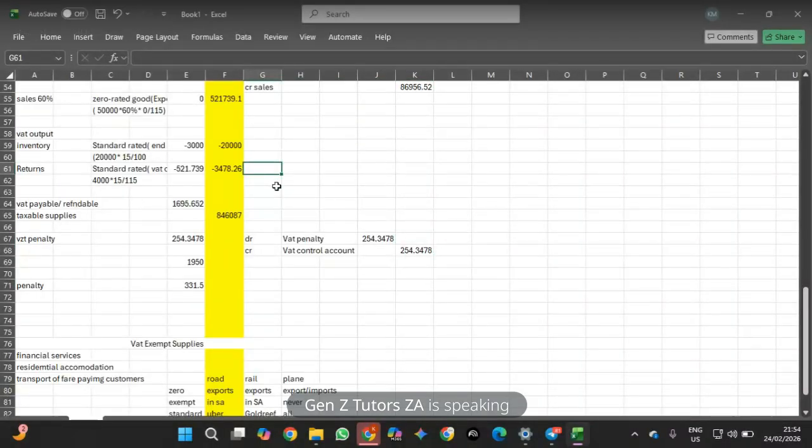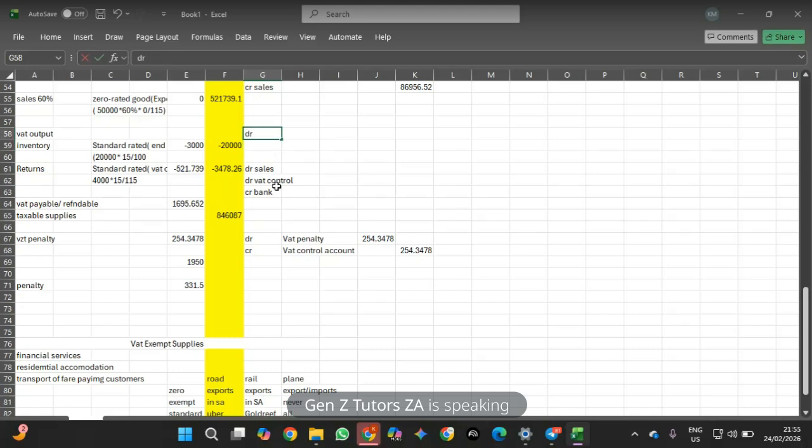Even returns will be debit sales, or returns will be up to you what you're gonna put in there. With VAT control, and then you go and you credit your bank because you have to pay them back. Then your inventory, the purchase of inventory, this one is straightforward.